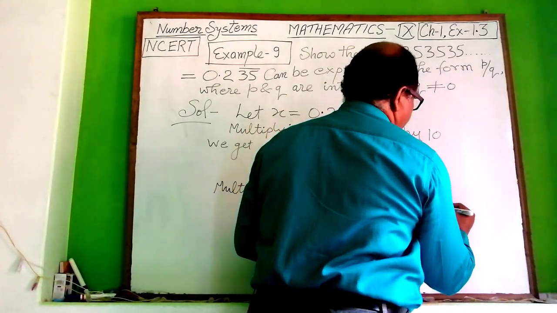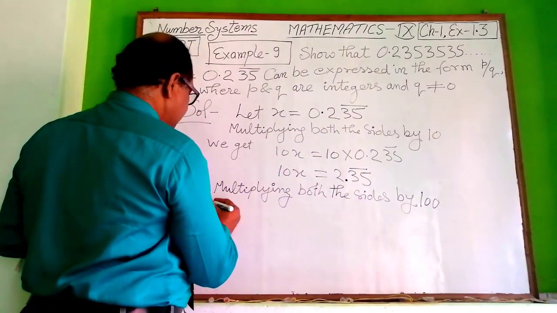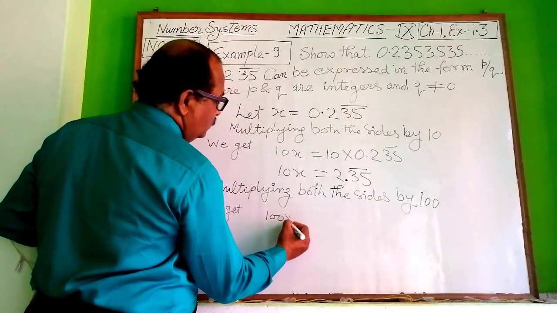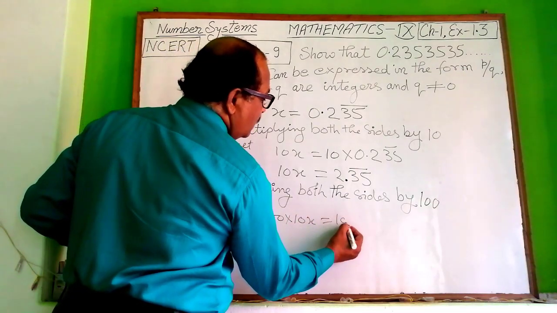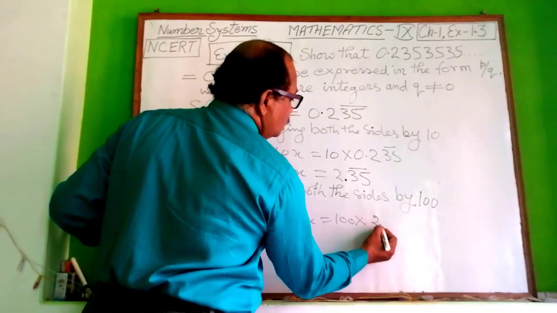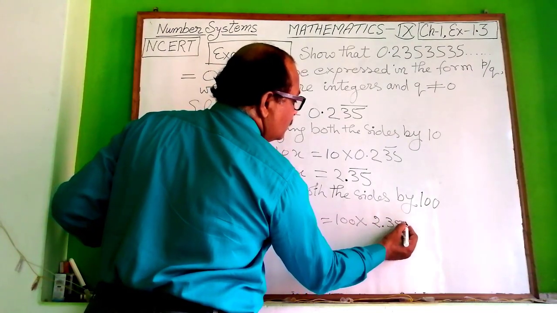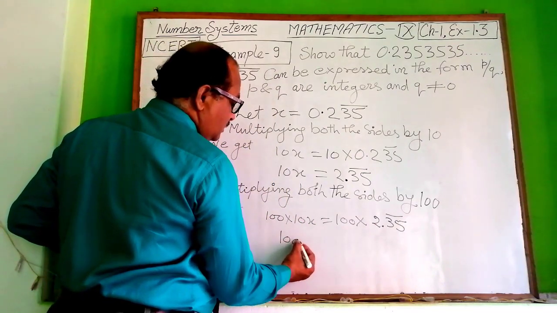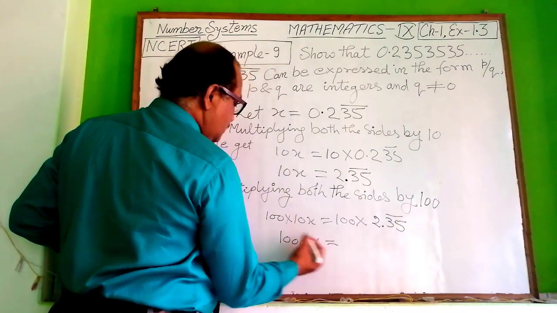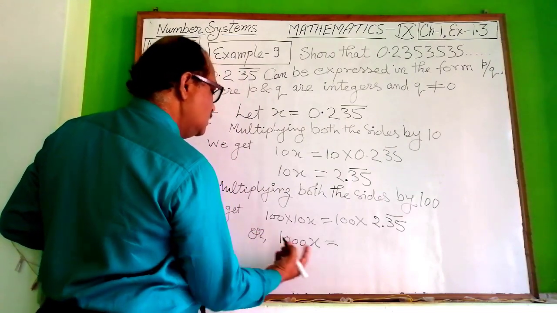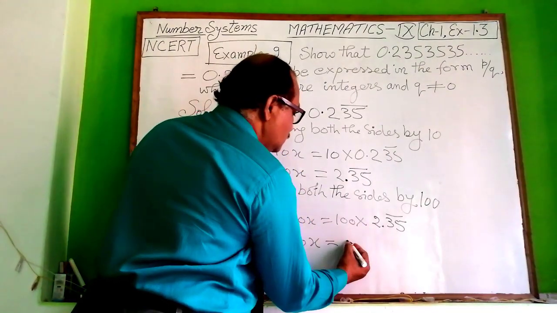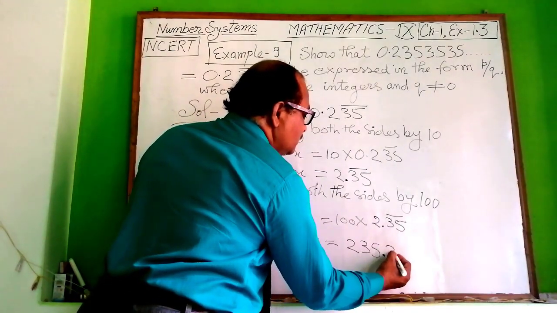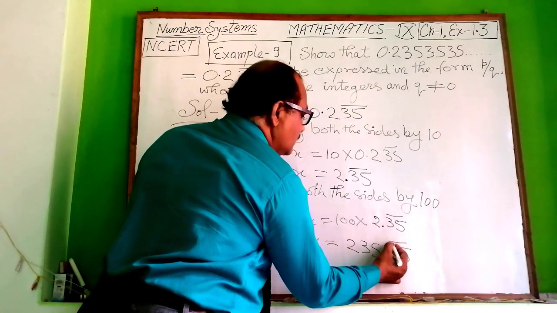So we will do like this. By 100 we get 100 into 10x is equal to 100 into 2.35. On this side you will get 1000x, and on this side 235.35 again repeating.